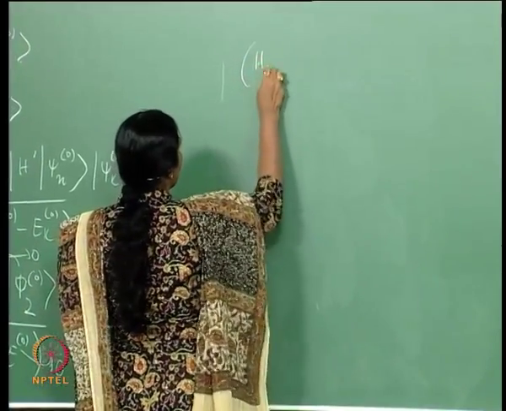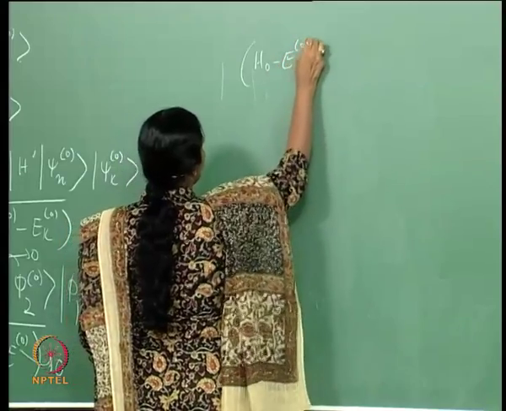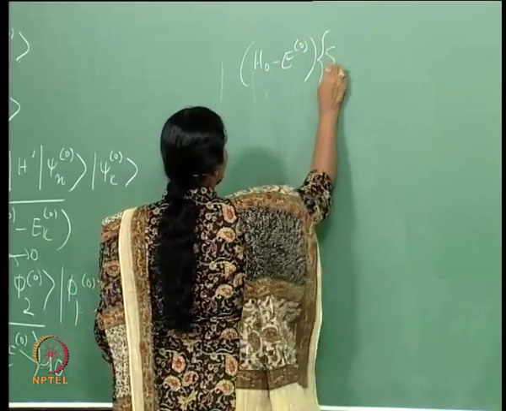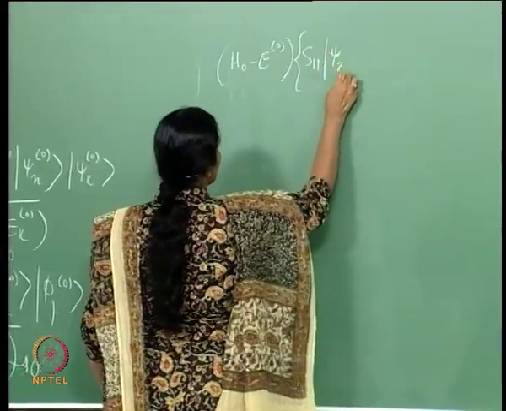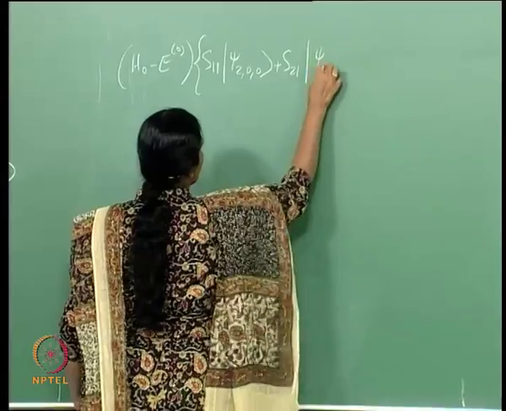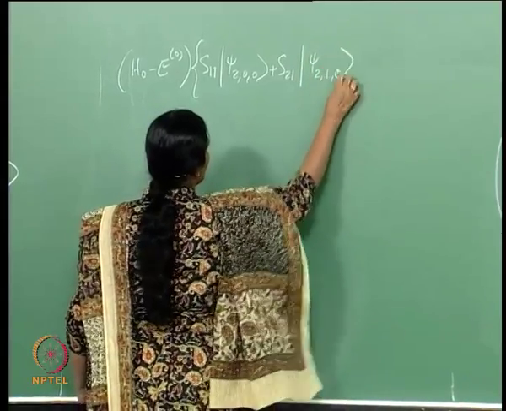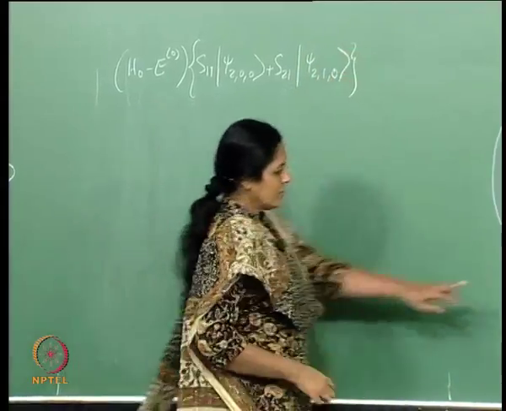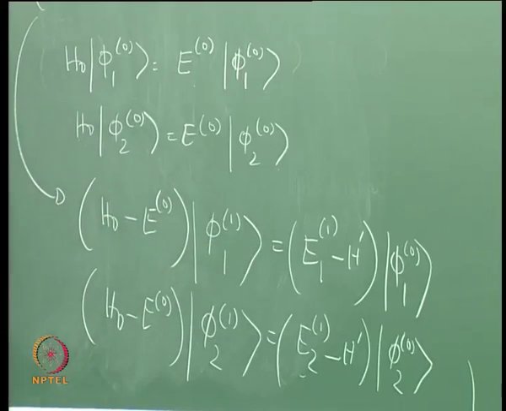So I have H naught minus E 0 acting on S 1 1 psi 2 0 0 plus S 2 1 psi 2 1 0. That is what I have here.